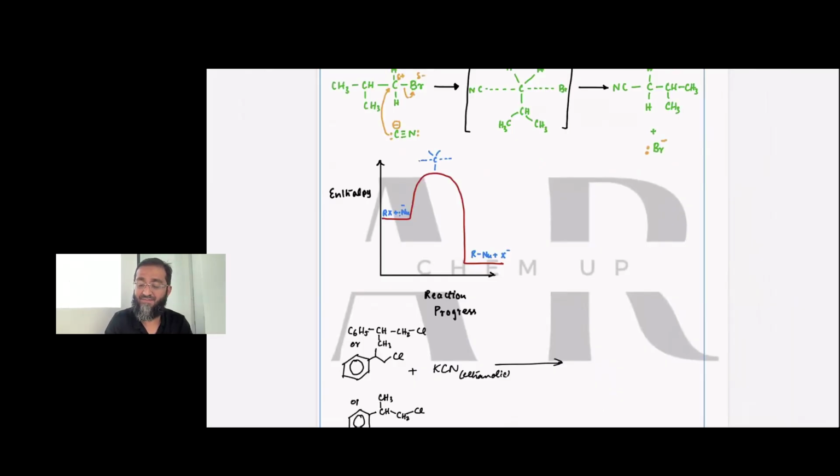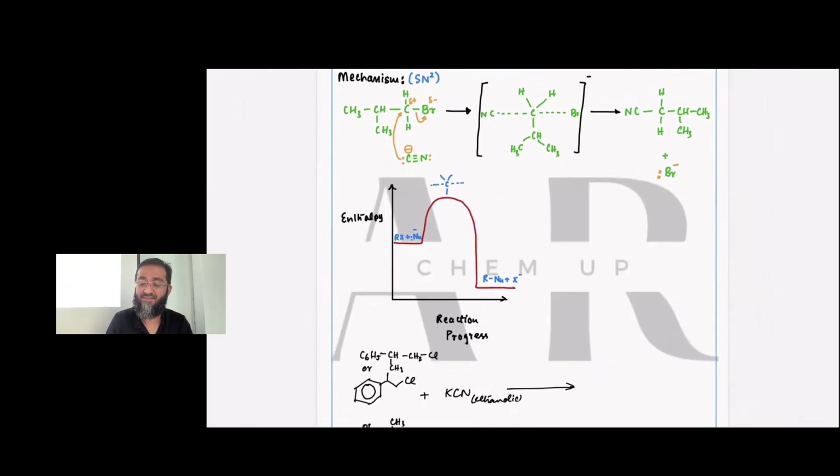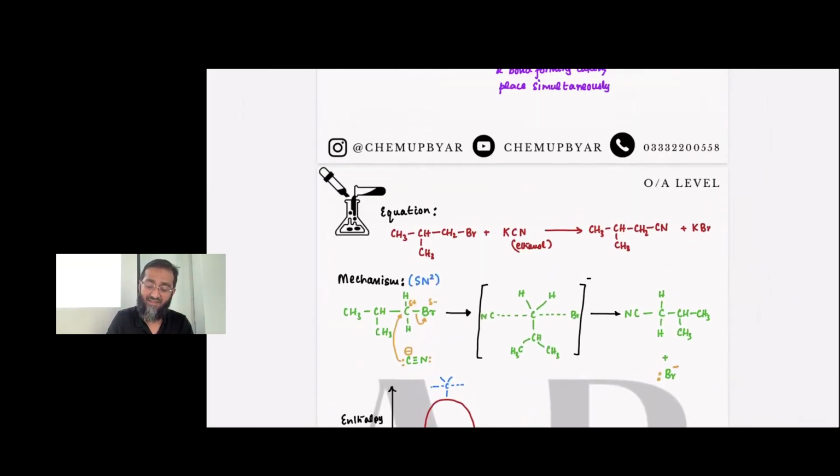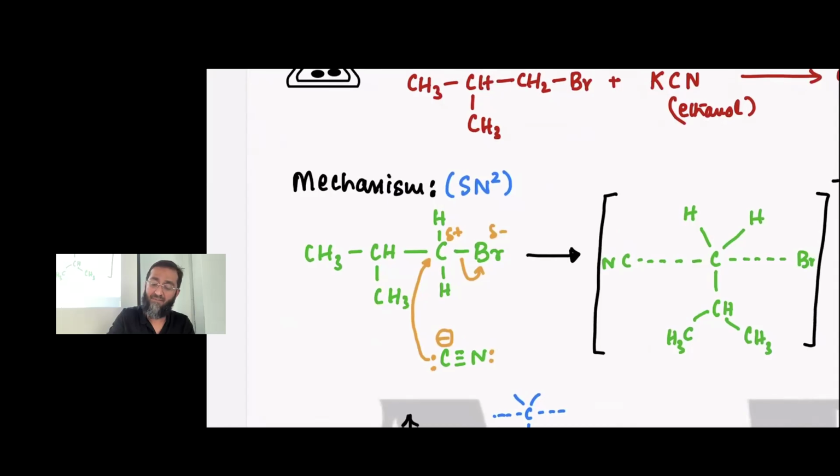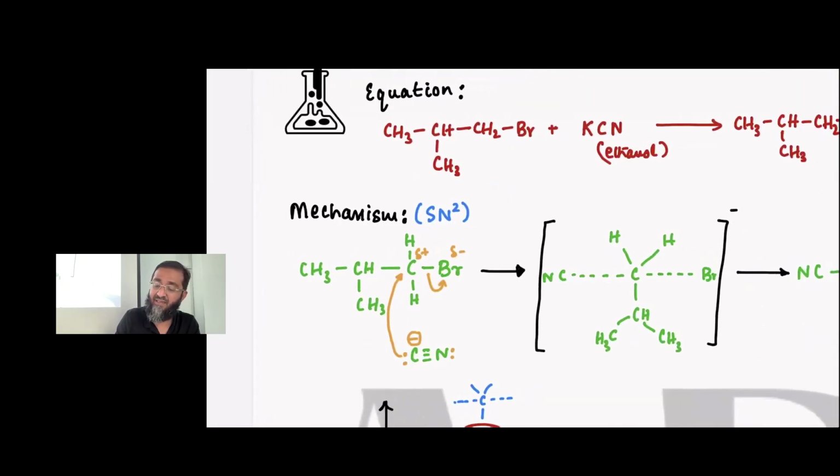So have a look. This is the mechanism. It's the same mechanism. The carbon, from its lone pair, attacks the carbon, and this bromine snatches the whole bond pair. As a result, we again get this transition state where both bond making and bond breaking are shown.